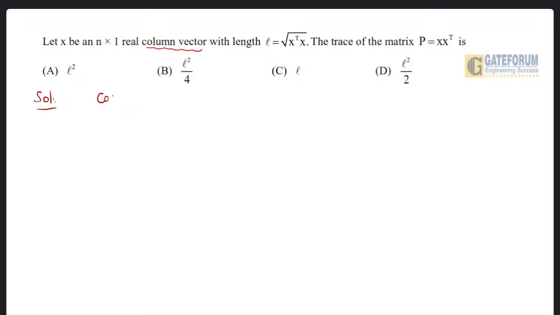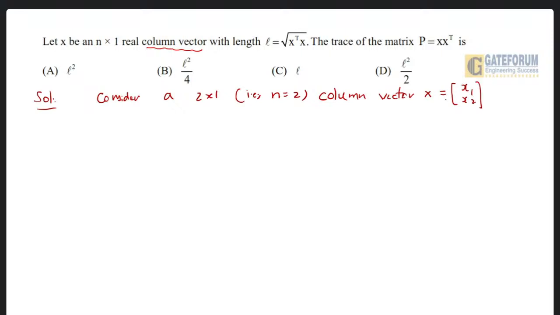Consider a 2 cross 1, that is n is equal to 2, column vector x is equal to x1, x2.